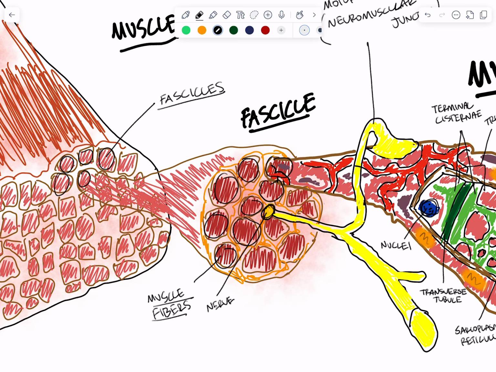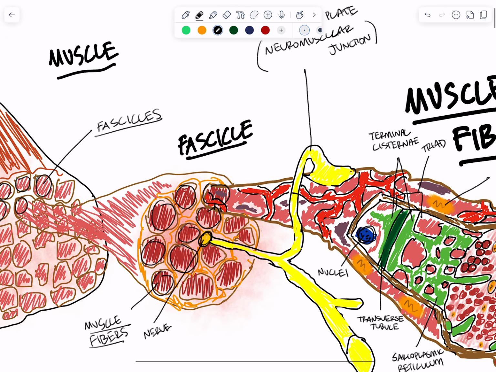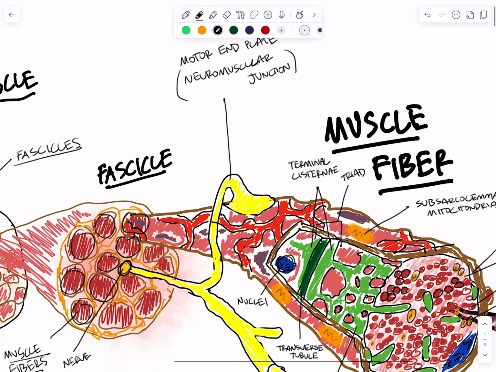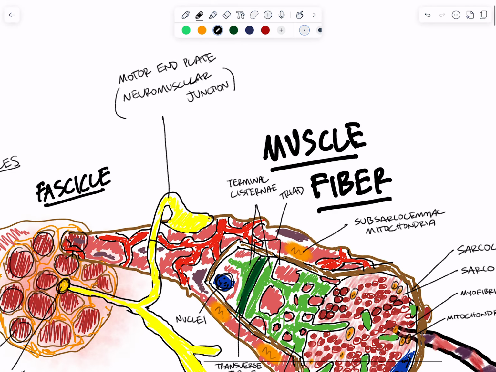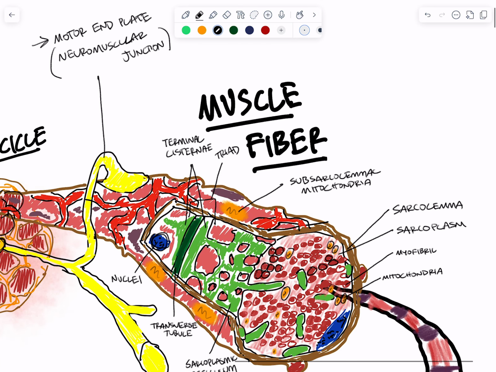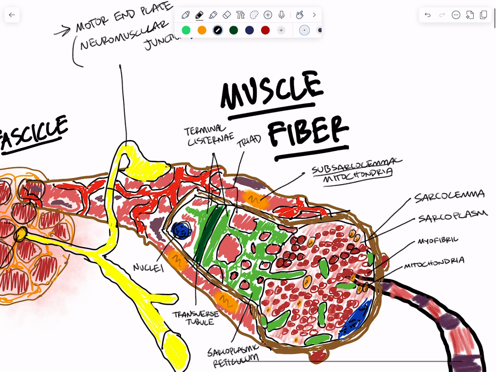And when we pull out a muscle fiber, the nerve from the fascicle attaches to the sarcolemma, the cell membrane, and that is known as the motor end plate, where the events of the neuromuscular junction occur. Beneath the sarcolemma, we have our subsarcolemmal mitochondria. They sit right beneath. And we also have our nuclei.